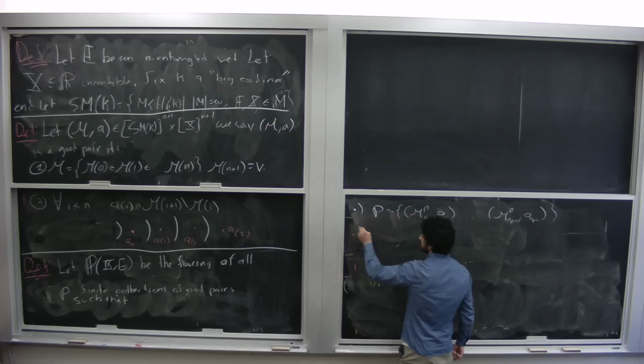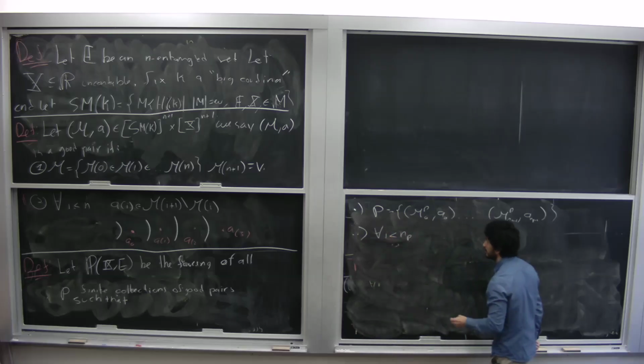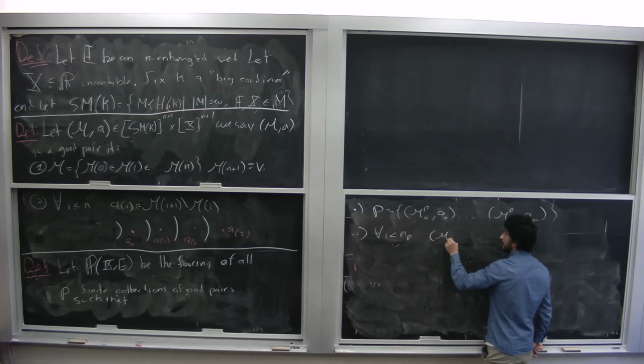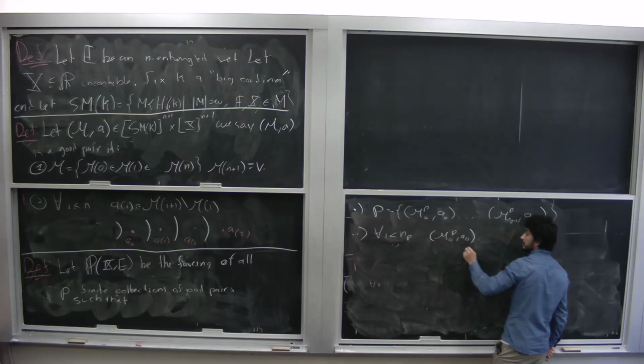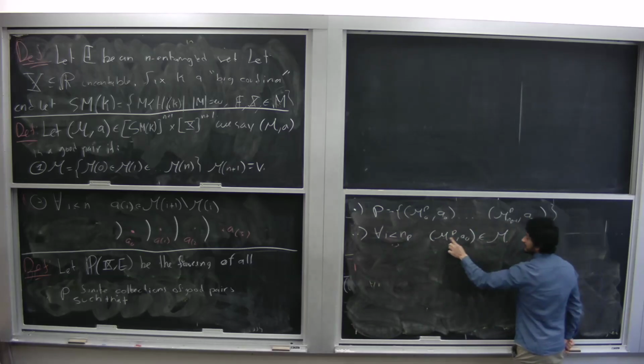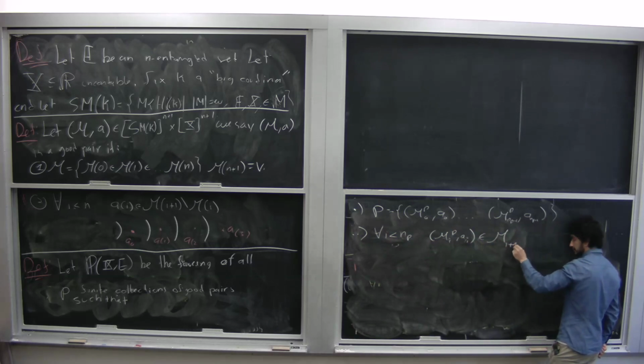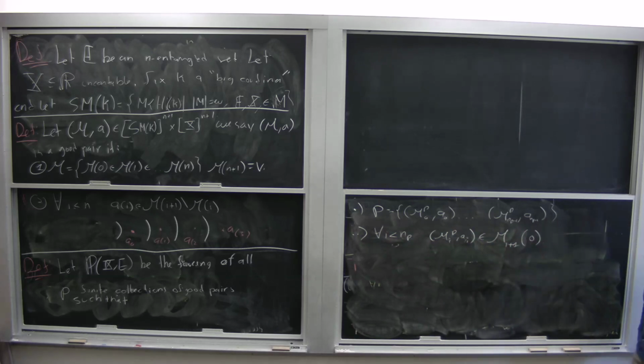And two, for each i less than n_p, we have that M^p_{i,0} and A^p_{i,0}, this chain, belongs to the first element of the next chain of models. Here it should be i+1. But M_{n_p} is not defined, is it?